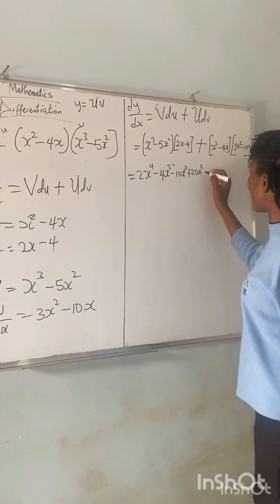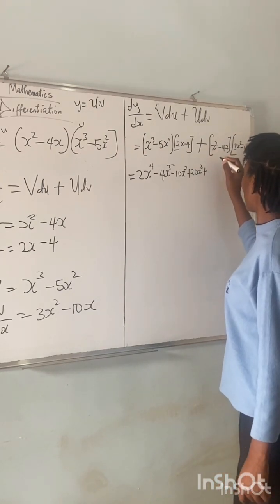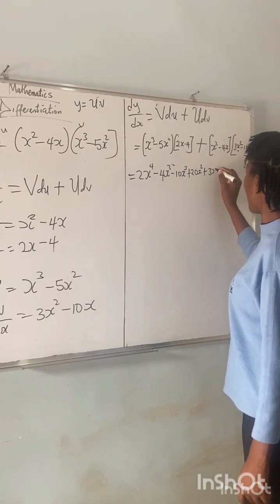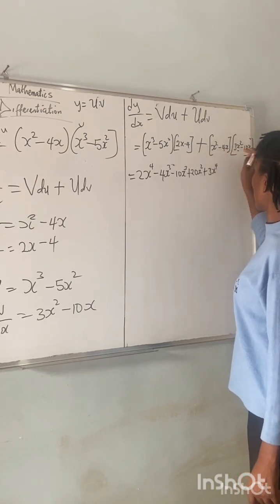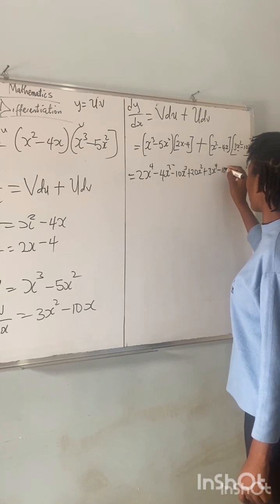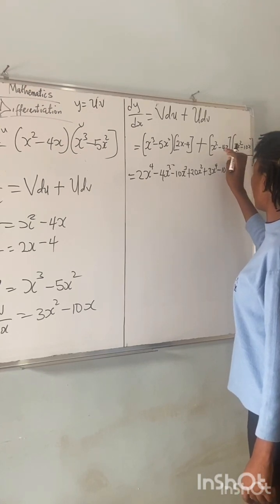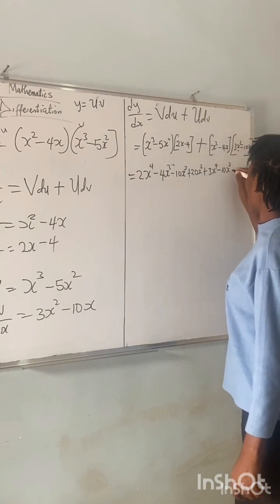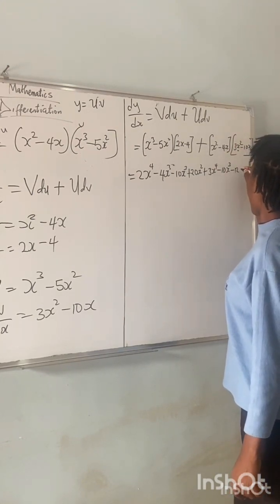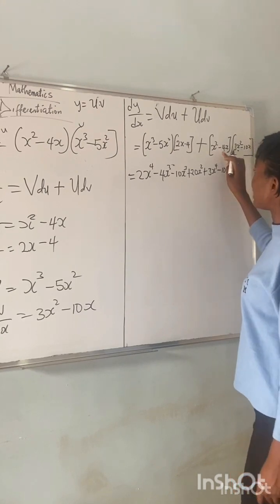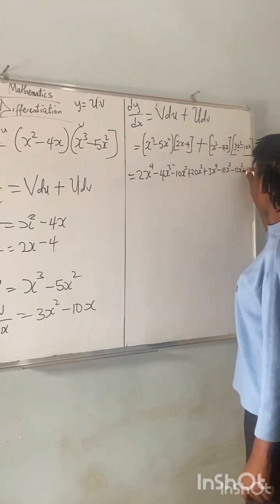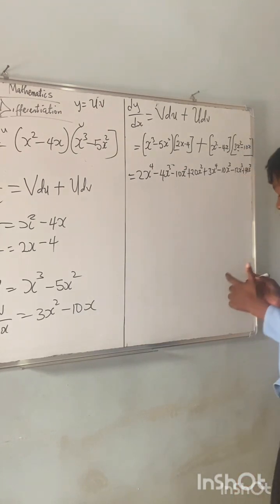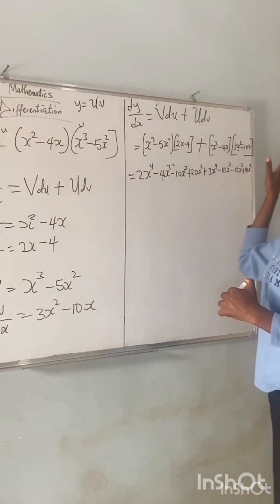Now for our next, x squared multiplied by this, we're having 3x raised to power 4. Expanding, we're having 10x raised to power 3. For the next item, to multiply the next bracket, minus and plus becomes minus 12x to power 3. And then lastly, minus minus becomes plus 40x squared. All right, so we have finished expanding our bracket.